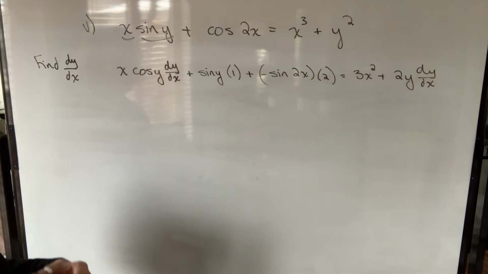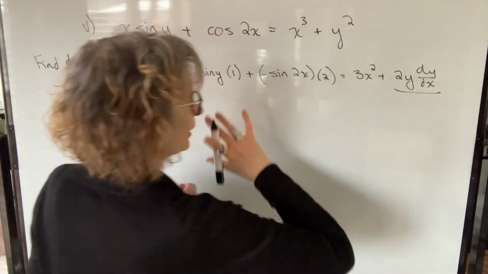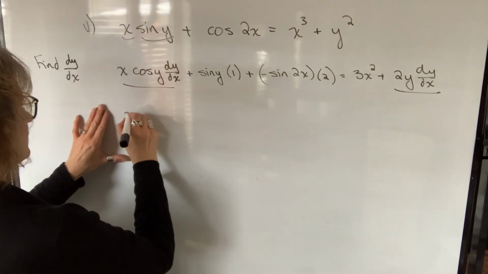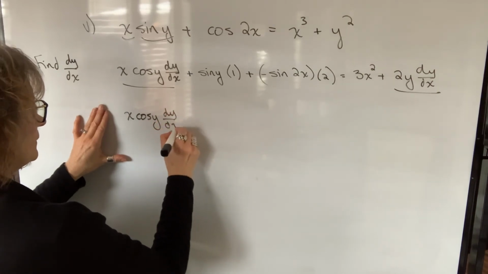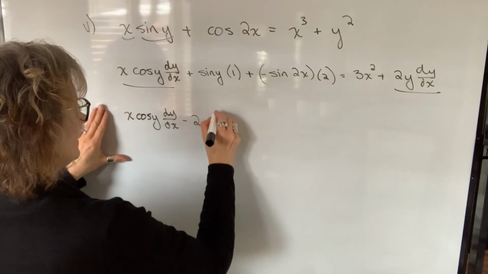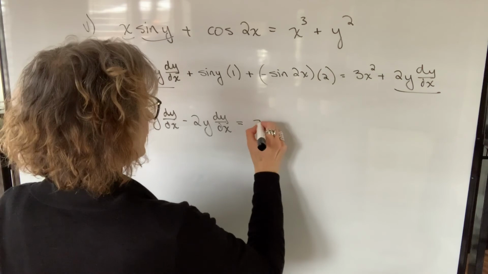Now we want to combine the terms that have dy dx on one side and all of our other terms on the other side. So we're going to have x cos y times dy dx minus 2y dy dx will equal 3x squared.